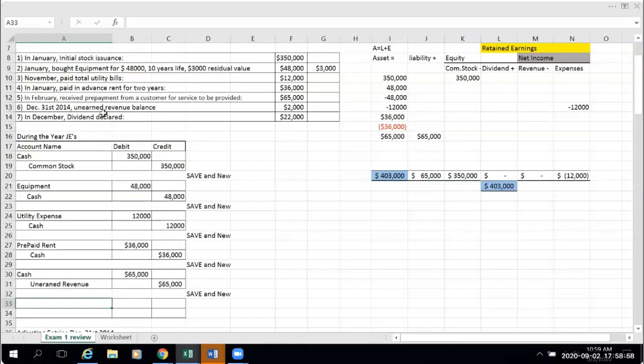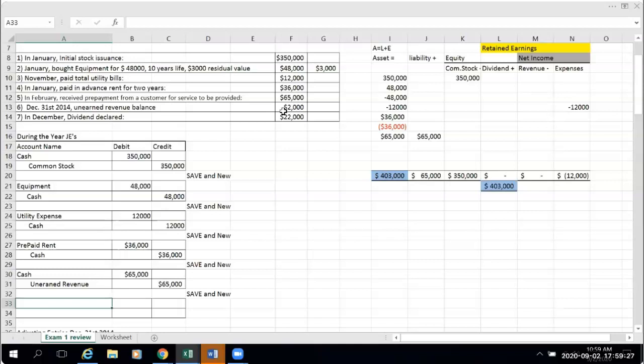Number 6 provides me some information. It says the unearned revenue balance at the end of the year is $2,000. That means some of that unearned revenue has been earned already. And where do you get that information from? Normally from the operating management, because operating management are providing services, okay?